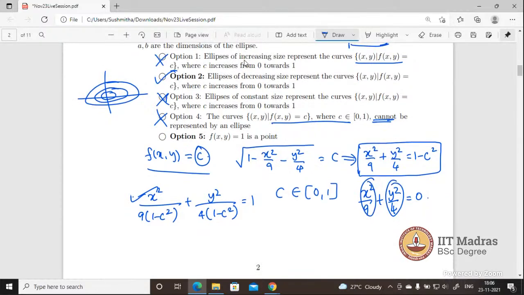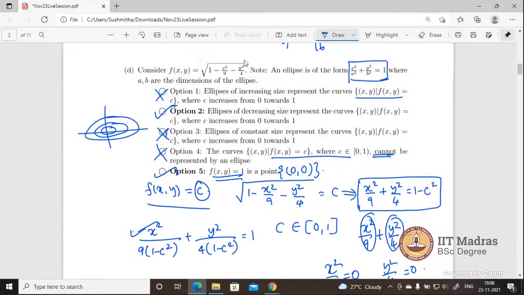If I add two non-negative terms and I'm getting 0, then both have to be 0, right? So f of x comma y is equal to 1 is nothing but the origin. So it's a point. So this is right. So this is just playing with multivariable functions.